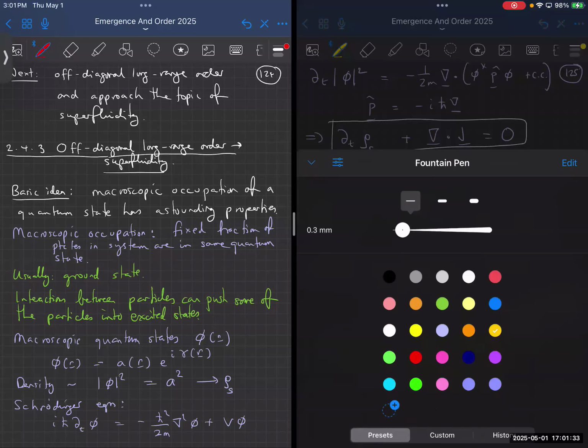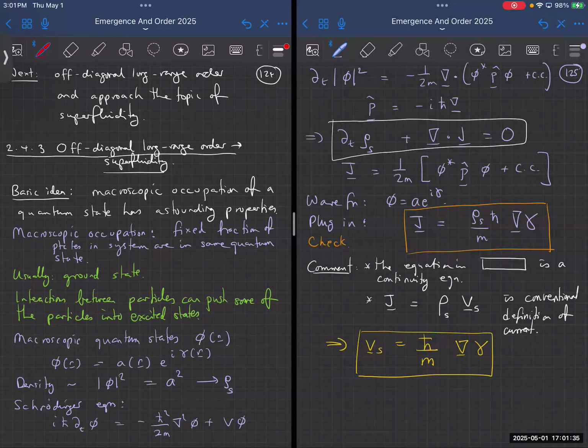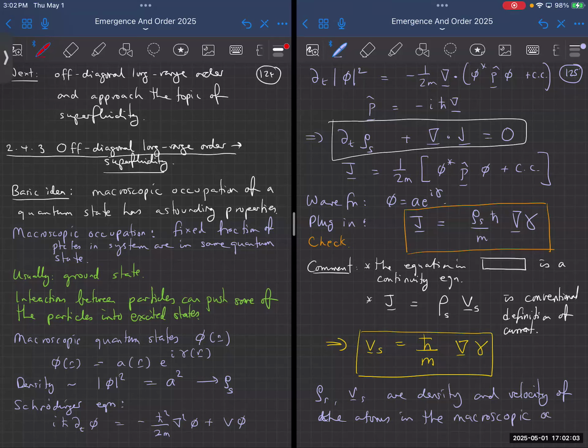Well, rho s and Vs are the density and velocity of the atoms in the macroscopic occupied state of the system.